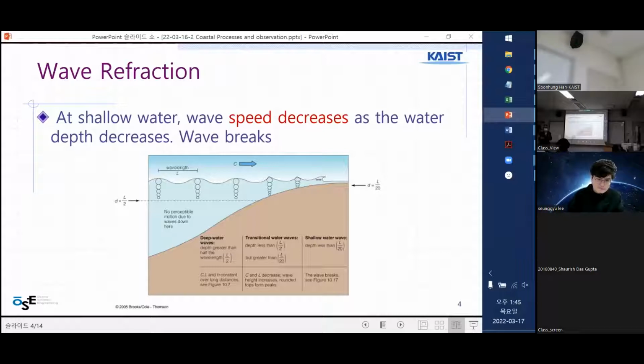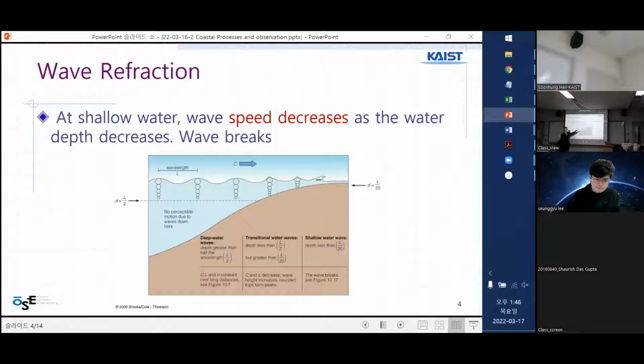The particle is just rotating. It's moving on, but very slowly. And when there is net transport of water, the shape is changed because of the bottom, right? And then it gives you an elliptical shape.